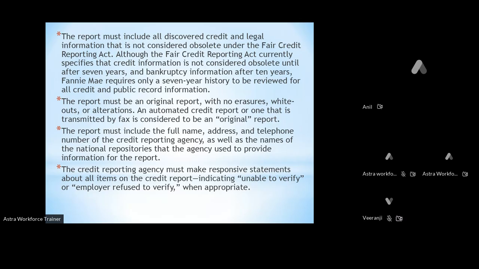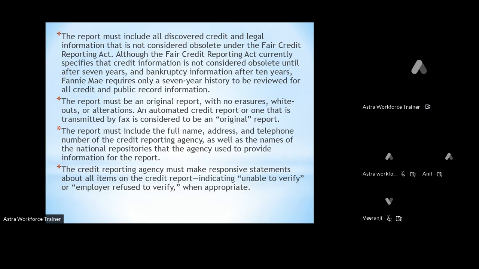Okay. So the credit report must be prepared based on the Fair Credit Reporting Act. That is an act we will be discussing later, maybe in the last class of this training. It is the act that governs how to prepare the report, what information will be available, and what credit repositories can give as credit scores for the borrower.